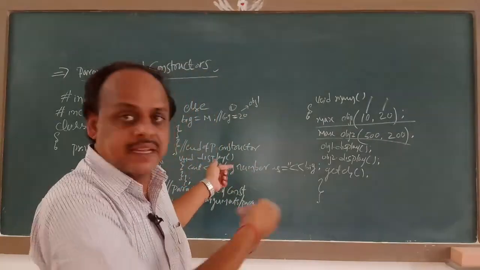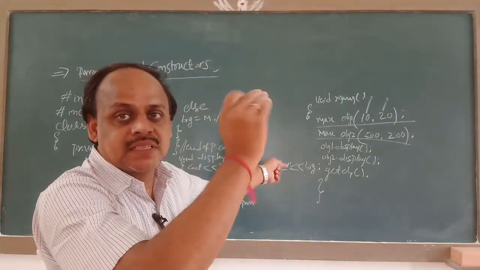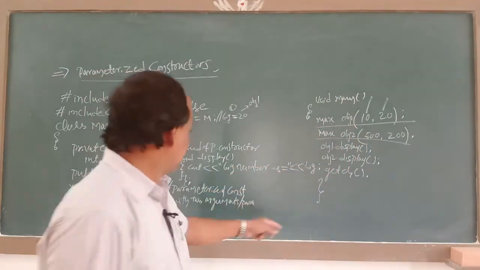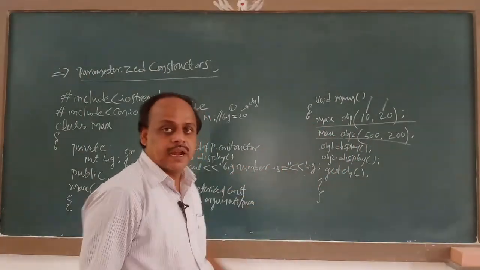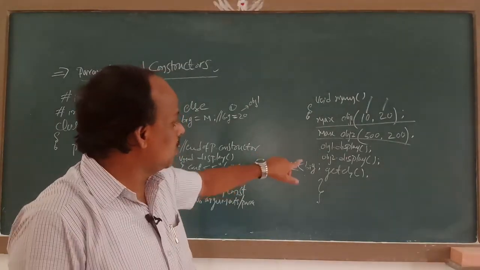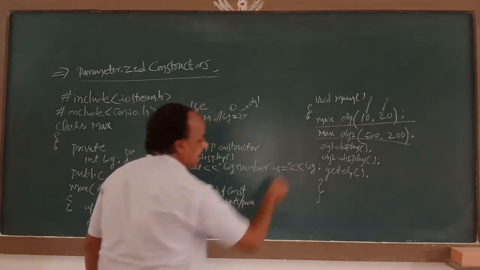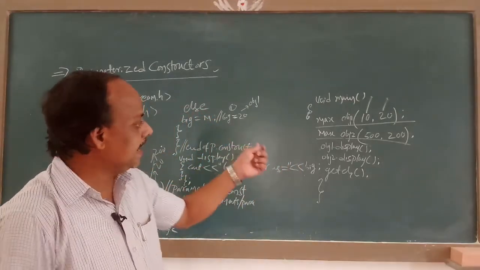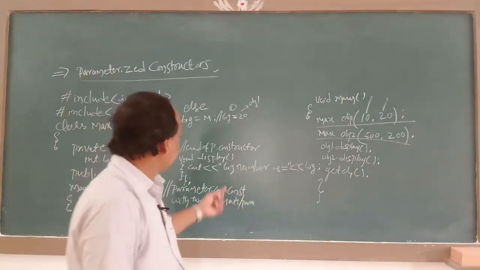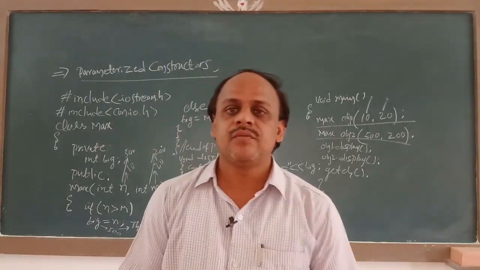First we get one sentence: big number is 20, because among 10 and 20, 20 is big. And one more sentence when object 2 dot display is invoked: big number is 500, because among 500 and 200, 500 is big.